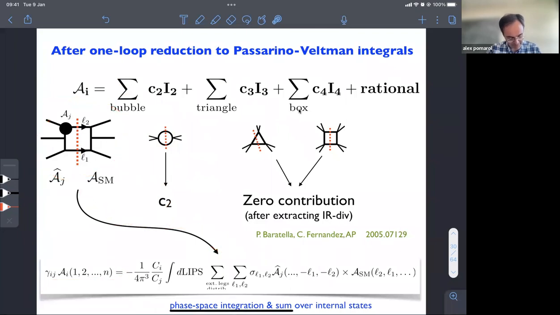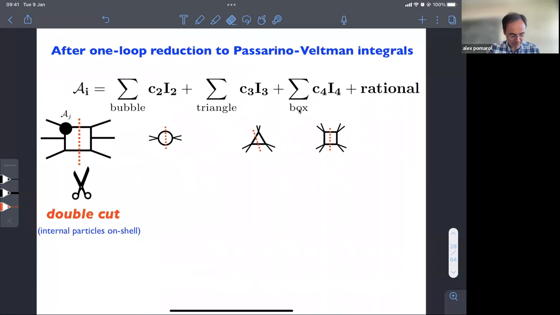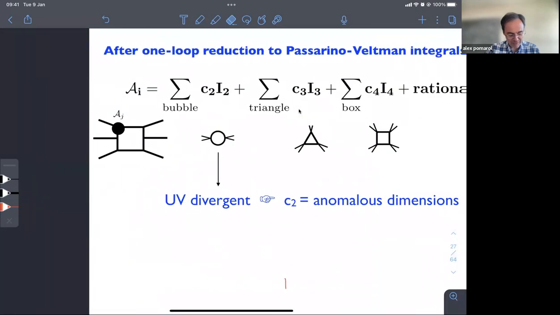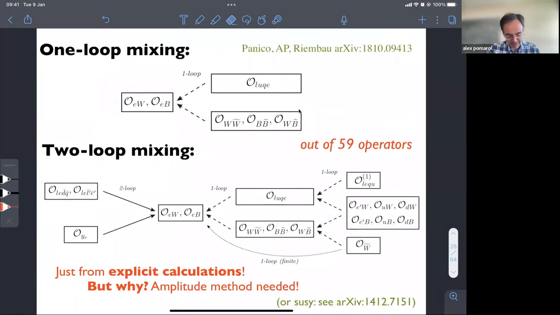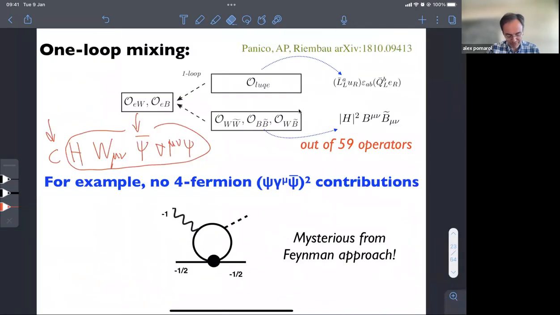So what is this? As I said, this is a product of tree-level amplitudes. Let me say another thing I probably was not saying. I'm interested in calculating the mixing of the dimension 6 operator. For example, I was discussing this case here.